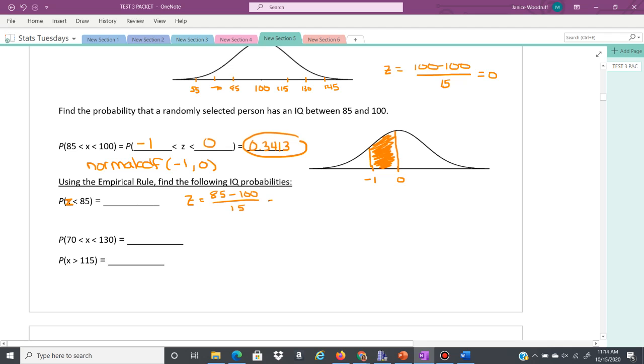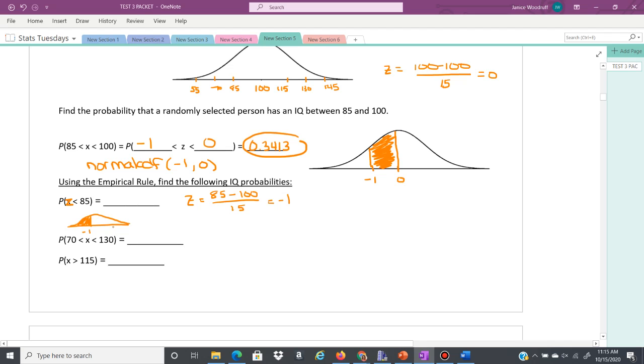We already did this one, so it was negative 1. But now we're looking at this probability here. Sometimes you can just draw a quick chart. It's not very good, but it works. Negative 1 is right here, and this is the probability I want. I do this just to visualize it, so I know it's not going to be more than half of the curve.